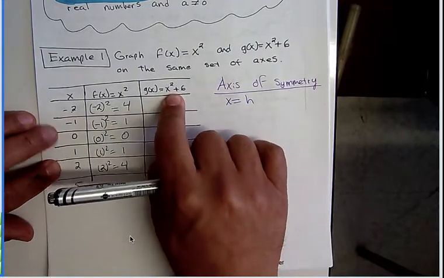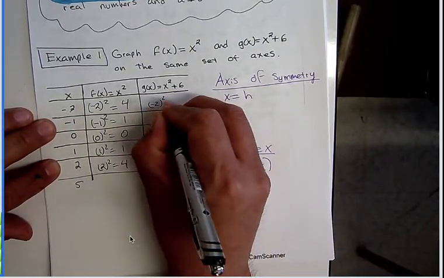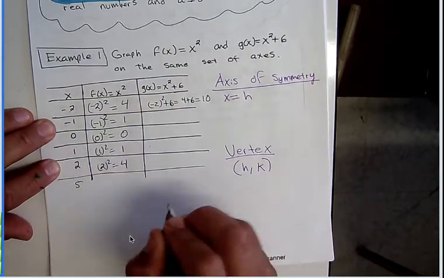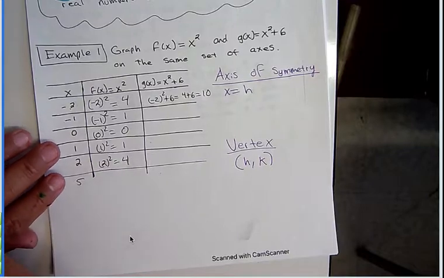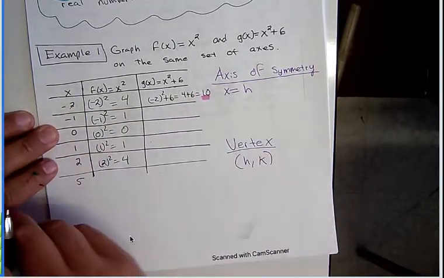Now let's find the other ones. -2 squared plus 6 gives me 4 plus 6, which is 10.